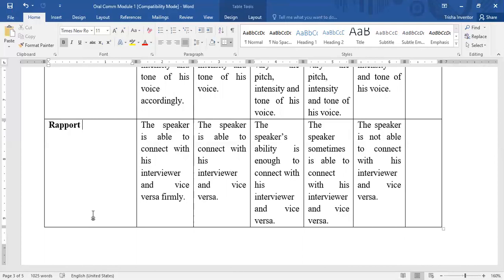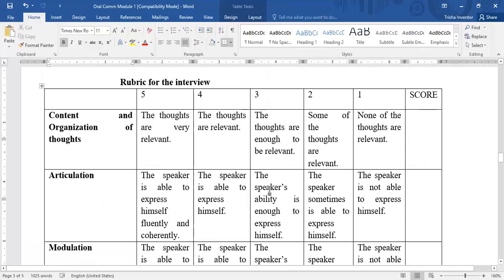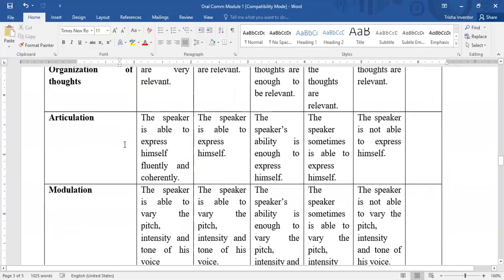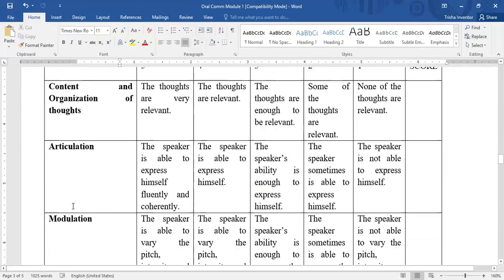Whether you connected, whether you carry your conversation well, that is rapport. So just read here in the rubrics the things that you need to follow for you to be guided for this interview. Now that is for the deep end. If you still have questions about this, ask me, message me.